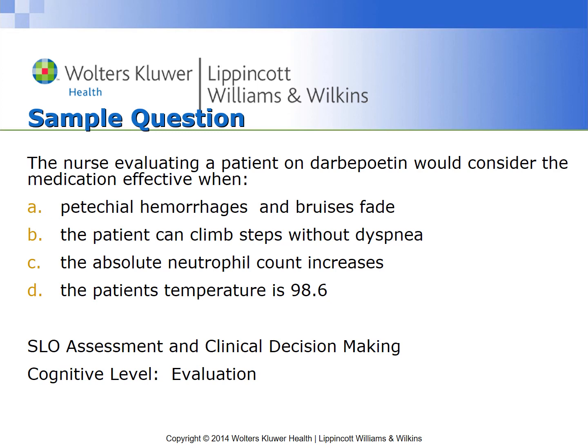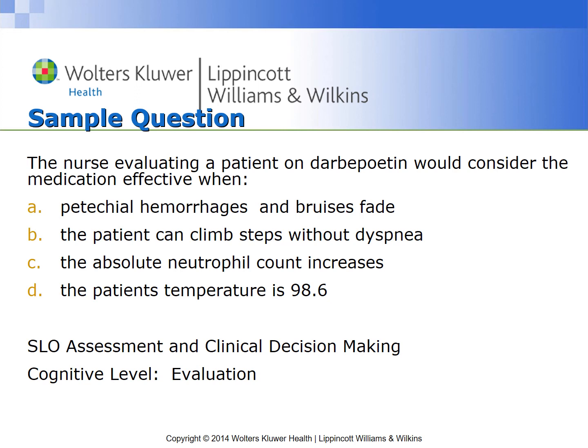What about B? The patient can climb stairs without dyspnea. Does someone with anemia or low red blood cell count have shortness of breath? Yes. So B is a definite possibility there, right? How about C? The absolute neutrophil count increases.